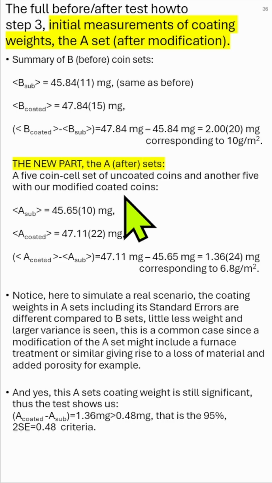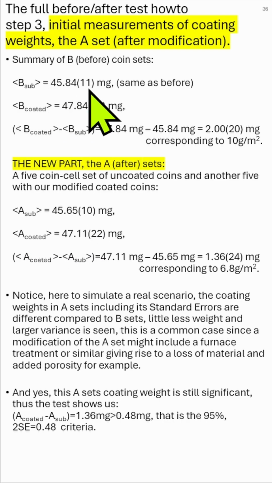So in an analog way to the B set, we have our uncoated coins, the A subs mean value becomes 45.65 milligram with standard error 0.10. So there is a slight difference, of course, because there's always some variation. And as I said earlier, best practice is to make another batch of 5 uncoated coins to add into this set.